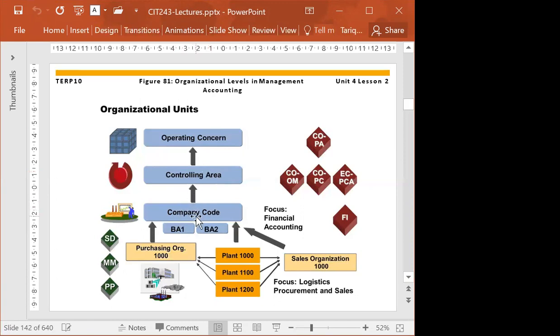This company code is for financial accounting. If there is no company code, we cannot use financial accounting. So these 2 are the basic main organizational units. This is for controlling and this is for financial accounting.